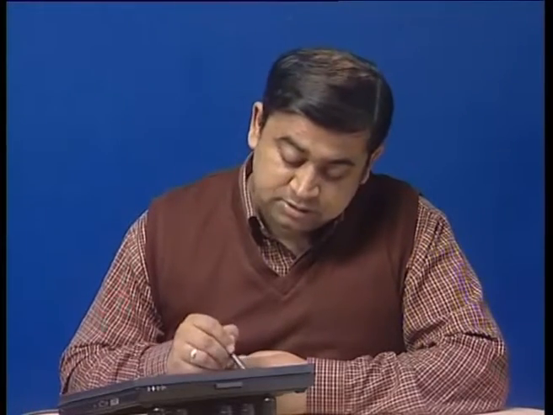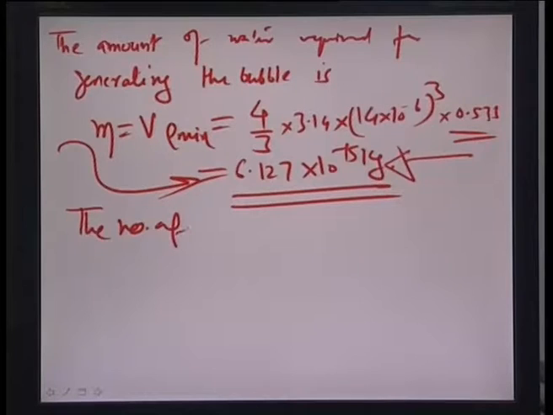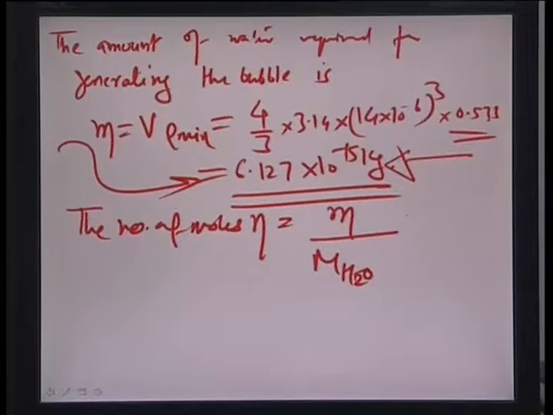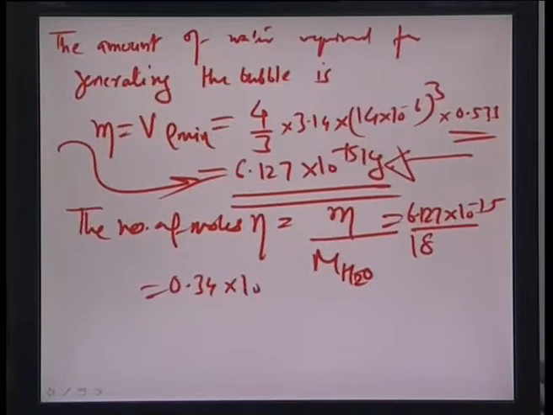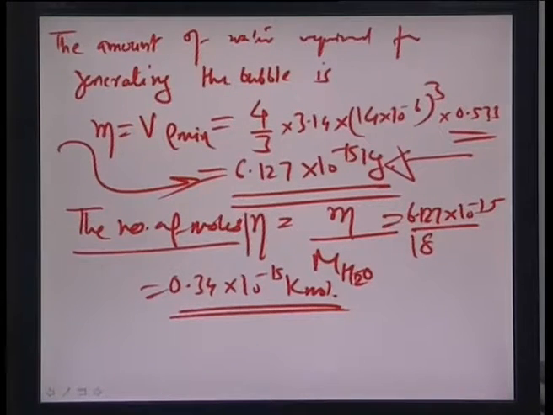So the number of moles N will be equal to mass by mass of H2O, which is 6.127 × 10^-15 by 18, or about 0.34 × 10^-15 kilomoles. That is how the number of moles of H2O molecules would be needed to make a volume which would support a pressure differential of about 1 bar.